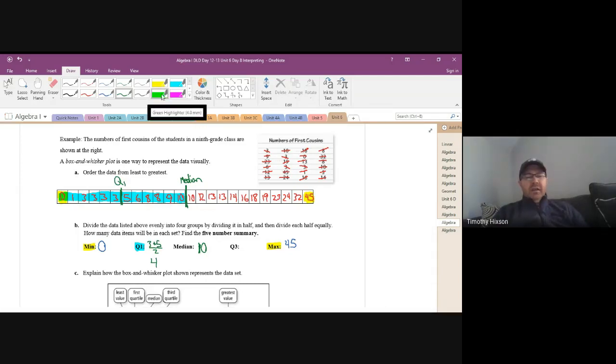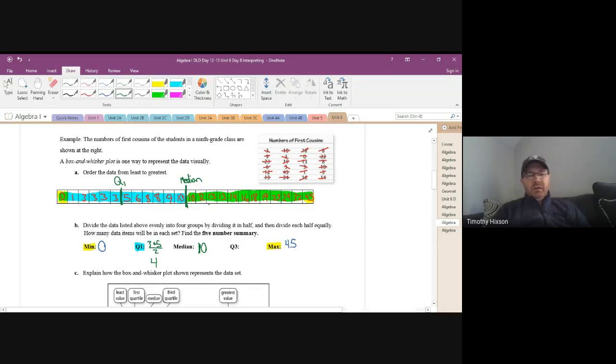Finally, we have our third quartile. So I'm going to go back and I'm going to look at this upper half of the data. Again, this 10 is included in the upper half because, again, even though it's the same number, it is to the right of where the median is. Okay.